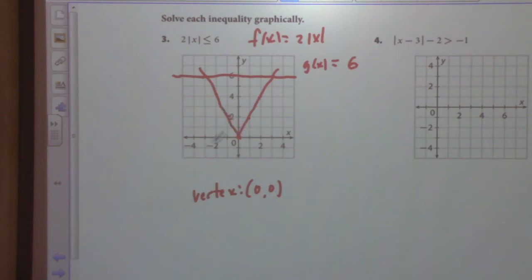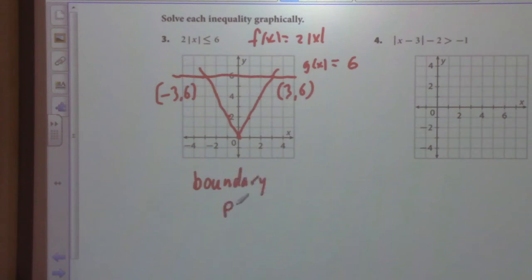So what are the solutions here? And these ones here, what did I call these last week, remember? I call them boundary points, because these points establish the boundaries of our inequality.